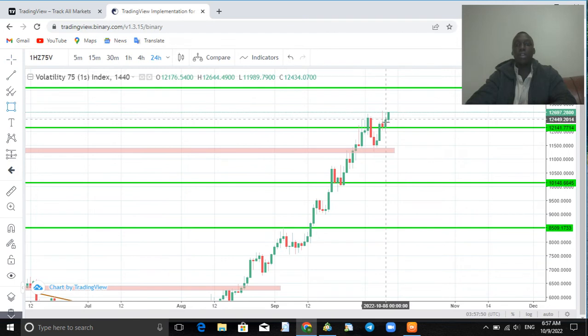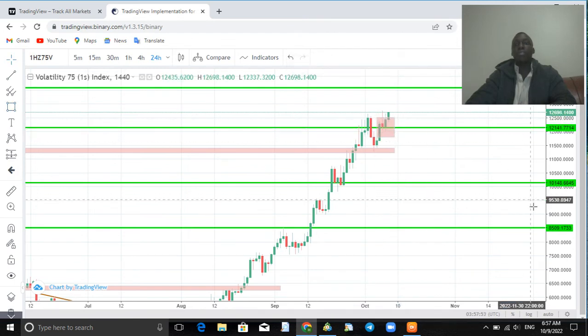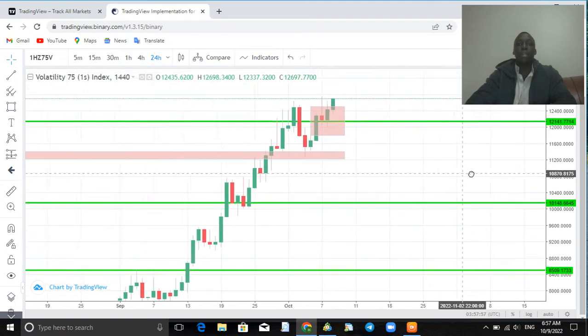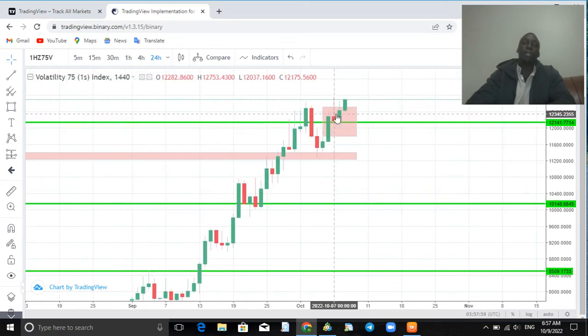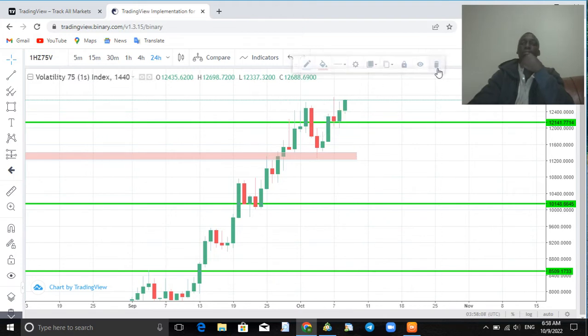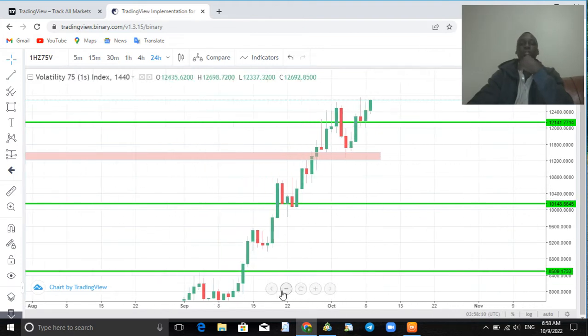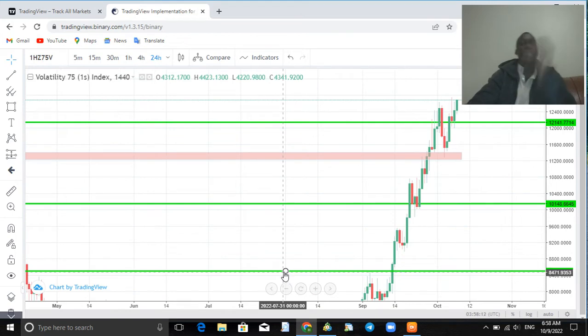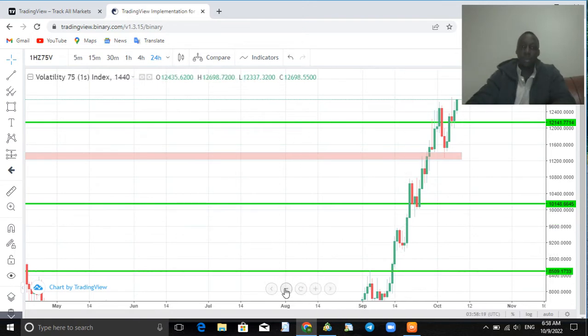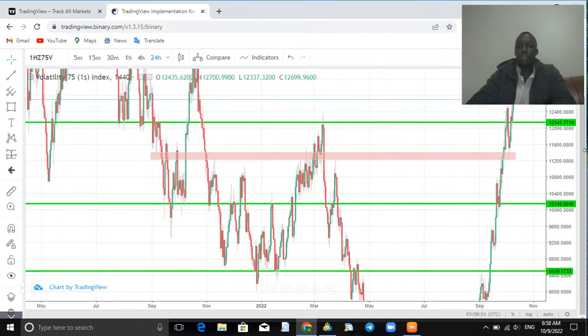So if I highlight this and zoom out, you can clearly see that we have an inverted hammer on support plus a bullish engulfing candle. All these are confirmations telling us that prices are still pushing up to the upside. So every trader who is trading this pair must not focus on selling. You must focus on just buying, or getting those buying entries.